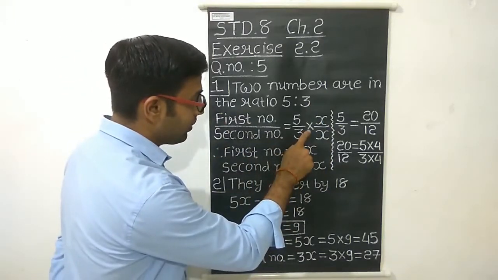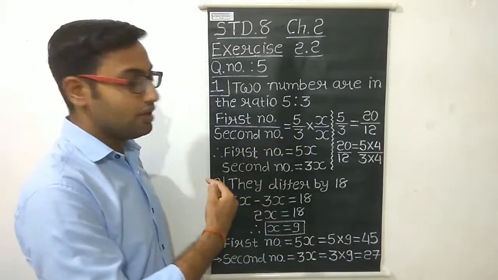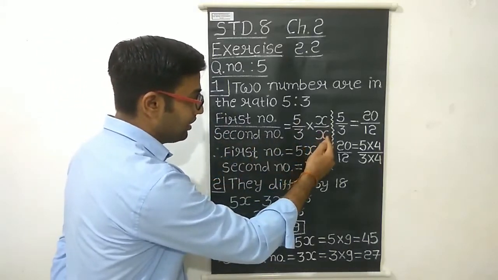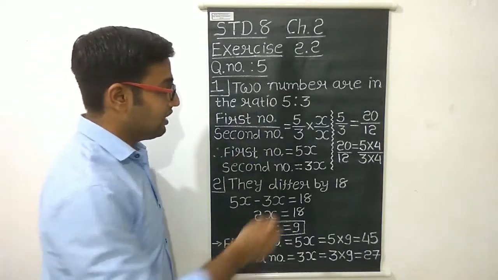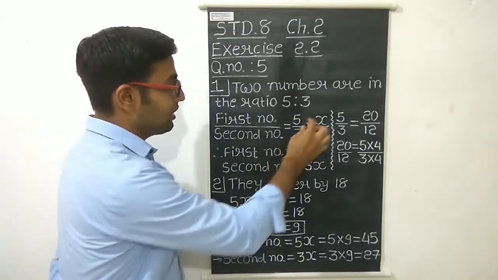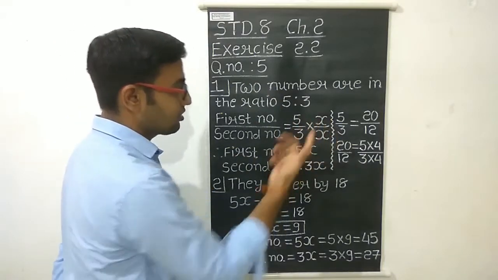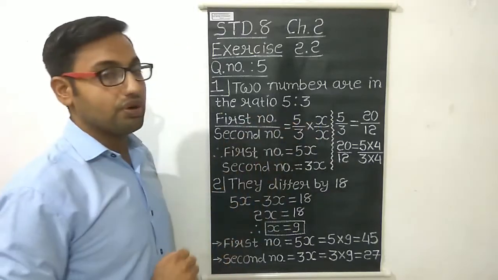Now we have to multiply both the numerator and the denominator by the same number, which we take as a variable. See, why do we take this number as a variable? And why do we multiply 5/3 by some same number? Because this is the ratio of two numbers.